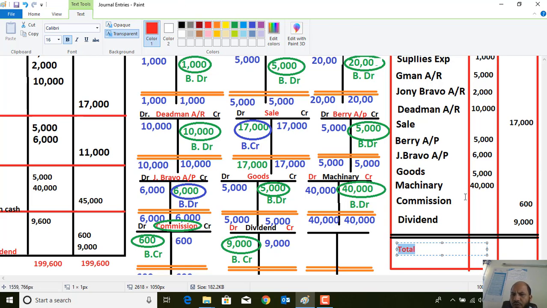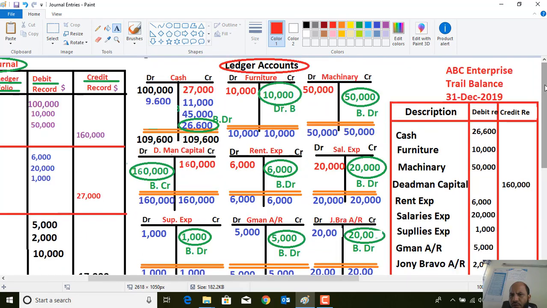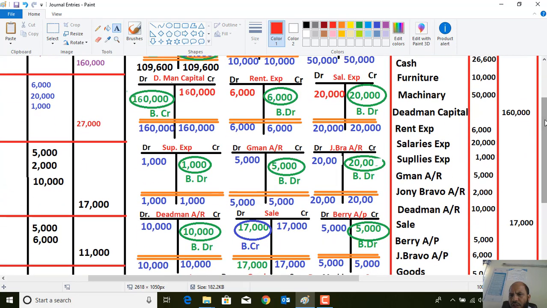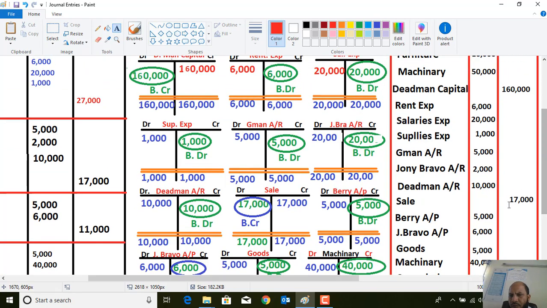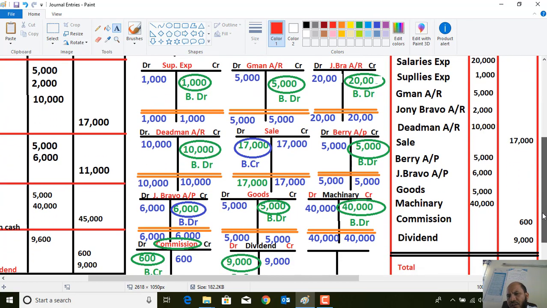So dear students, let's sum these things. 1,60,000 plus 1 lakh plus 17,000, so this is equal to 1,77,000, and then we have 1,77,000 plus 9,000.